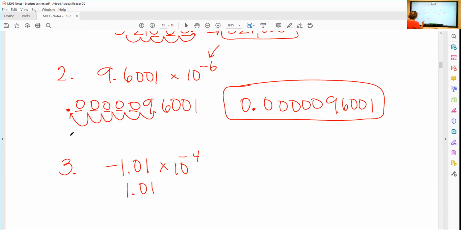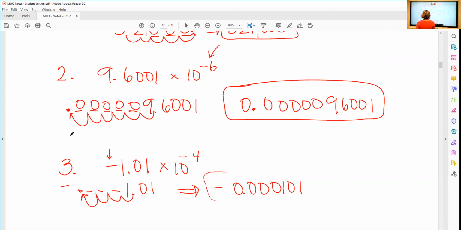And then I'm going to go 1, 2, 3, 4. Move it over here, fill in these 3 zeros, and then I know my answer is going to be negative because that's what it started out being. So then my answer is going to be negative 0.000101. And that is your final answer for that one.